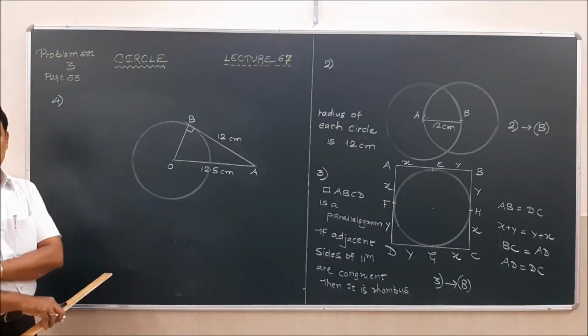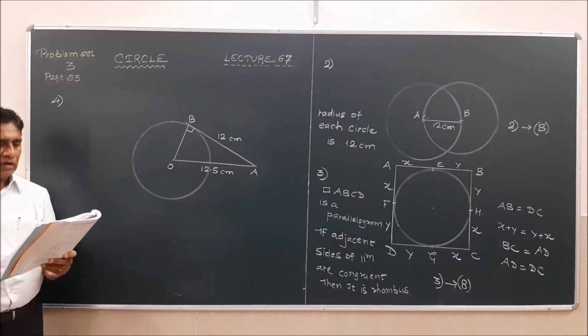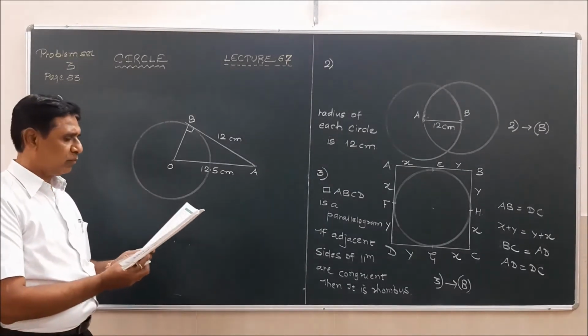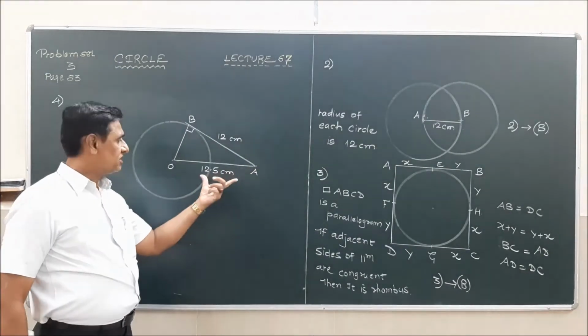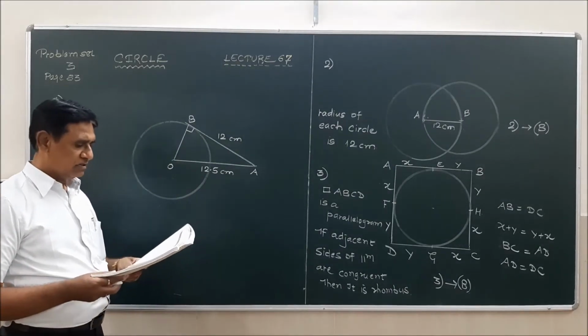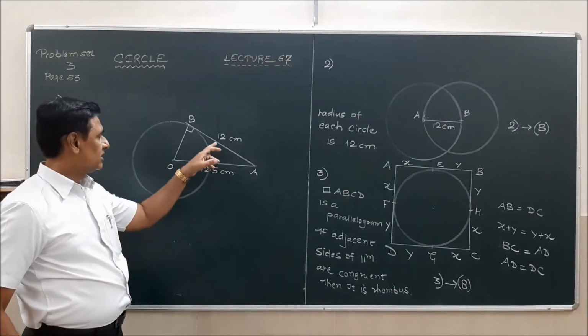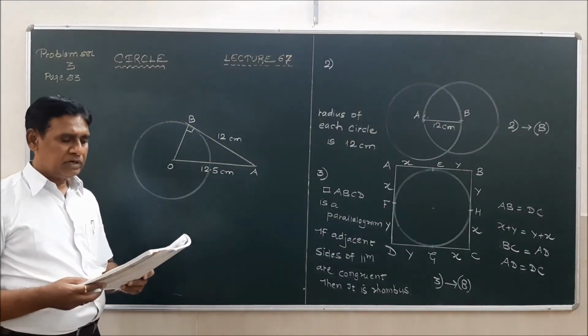Okay, try to understand the question carefully. The question is: the length of a tangent segment drawn from a point which is at 12.5 centimeter. So A is a point which is at 12.5 centimeter from O. Length of the tangent drawn is 12 centimeter. So this is 12. The question asked is, find the diameter of the circle.